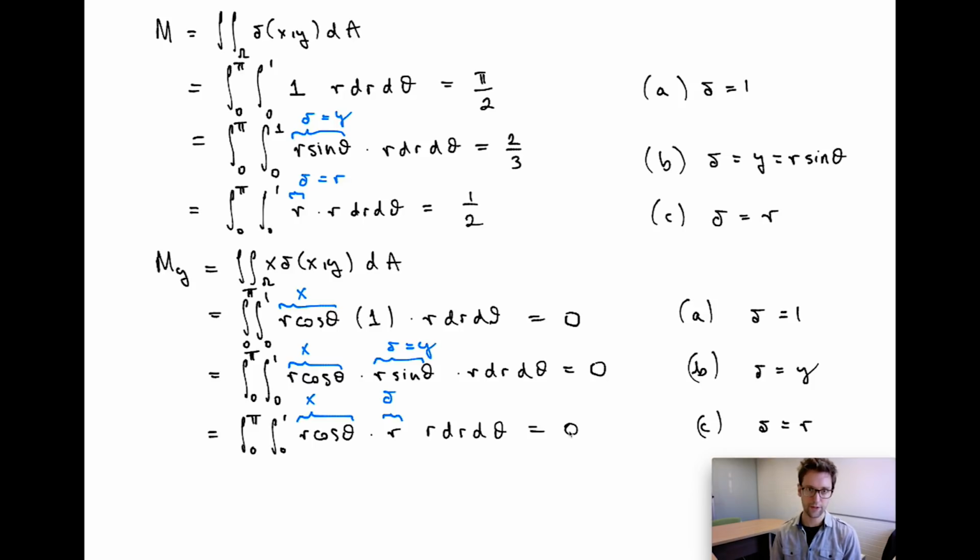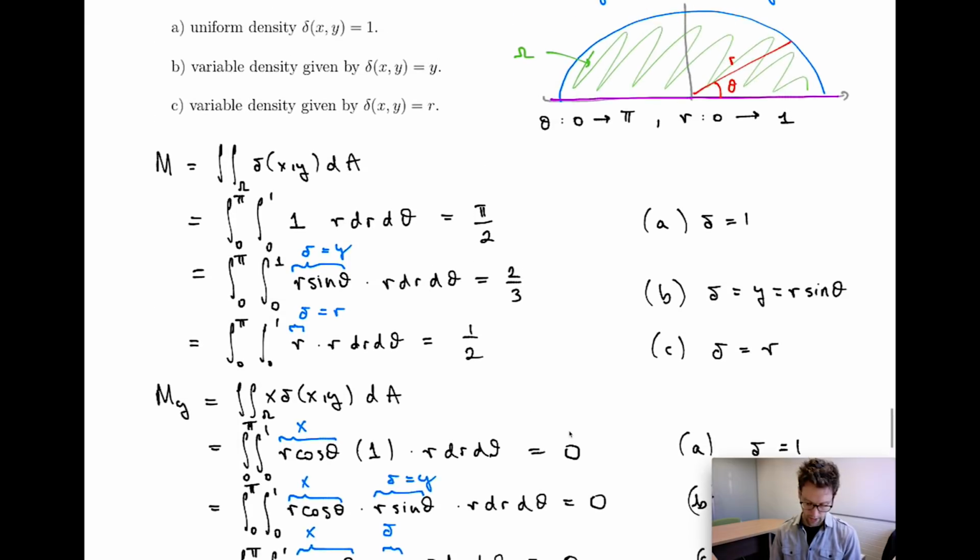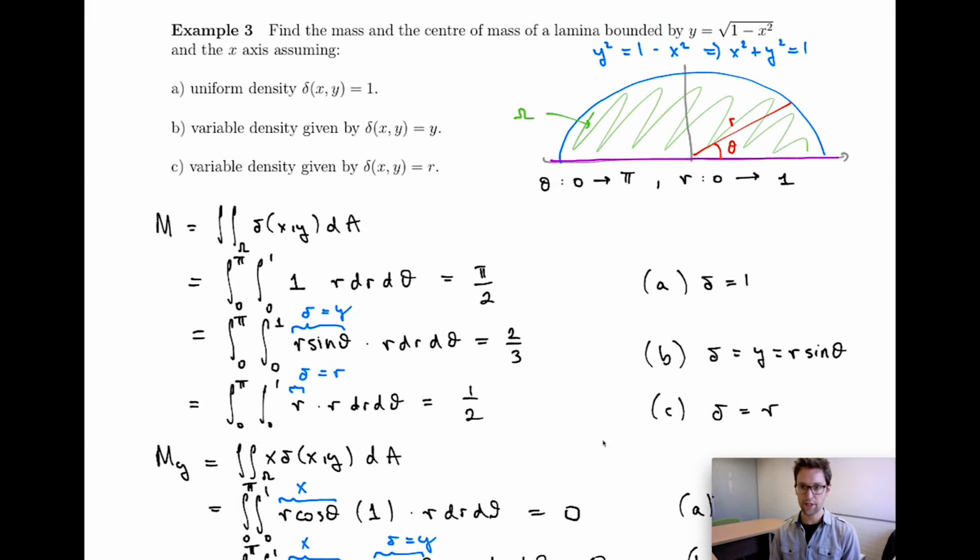Now let's have a look and see if we can think about how we might have anticipated that based on our region of integration and on the density. So the region of integration here clearly has some symmetry between left and right. It has some symmetry if I rotate it about the y-axis. So the question then is, is there as much mass on the left-hand side of this object as there is on the right-hand side?